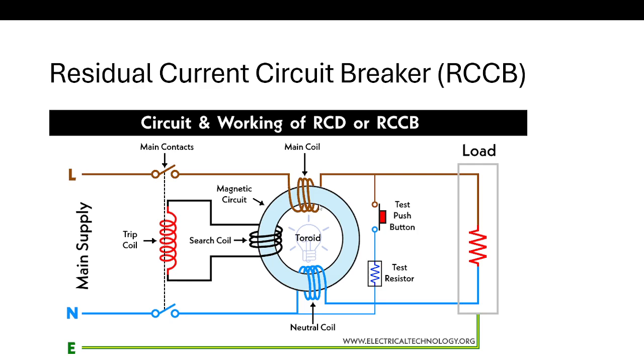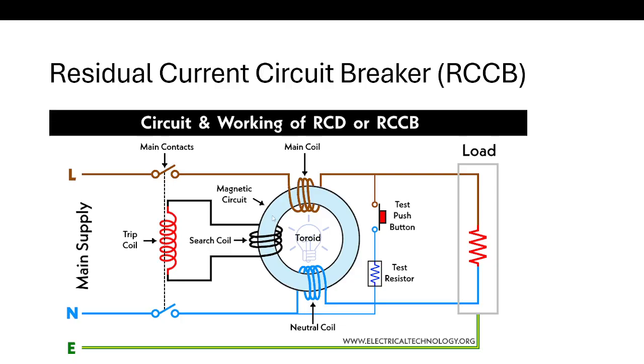Phase current will no longer be equal to neutral current. So there is a net residual current which flows, because the magnetic field changes for both phase and neutral. Magnetic imbalance induces voltage in the secondary coil.